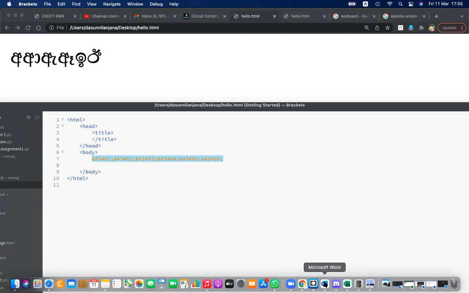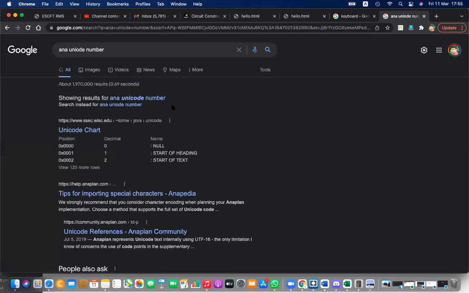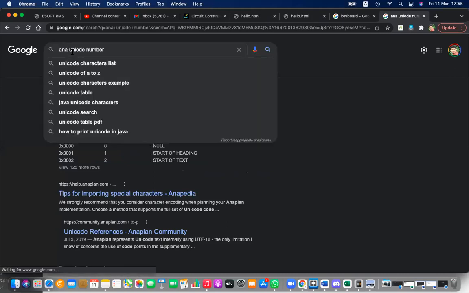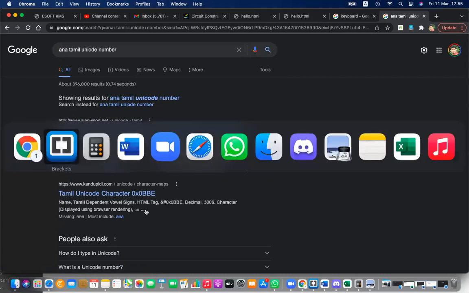Similar to that, you can type Tamil. Like you can say Ana. Ana in Tamil, right? Like this, you have Ana, Tamil. So what is the letter? Here you can see the decimal value. This is Ana, 2949.